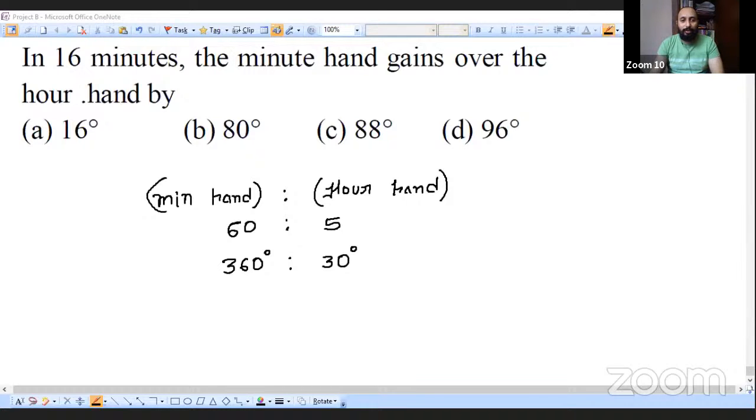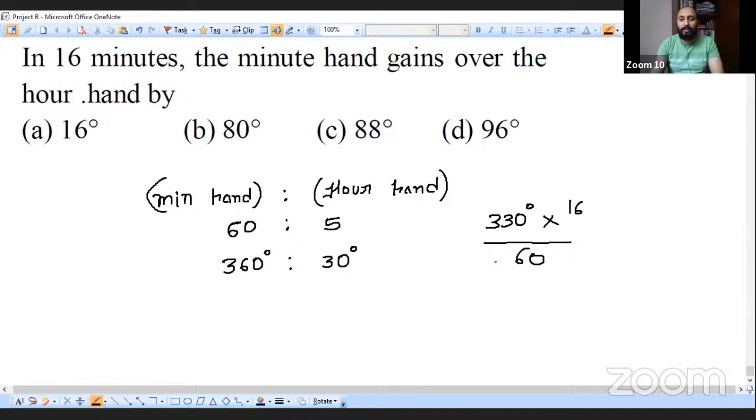Yes or no? So I can say 330 degrees is the maximum it will gain, and for 16 minutes, if I divide by 60, what is the answer?